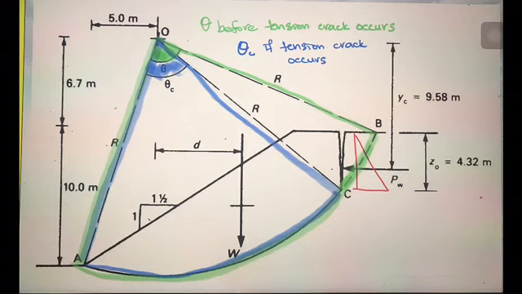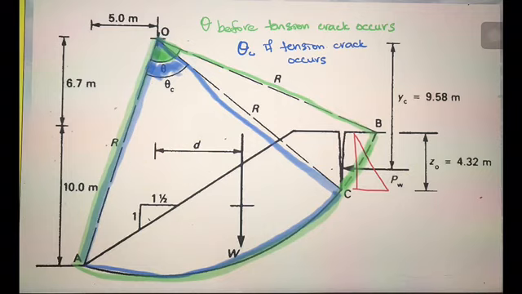But when there is a tension crack, you have to find out Z naught. Z naught is the tension crack height. So your sector will be reduced to AOC.